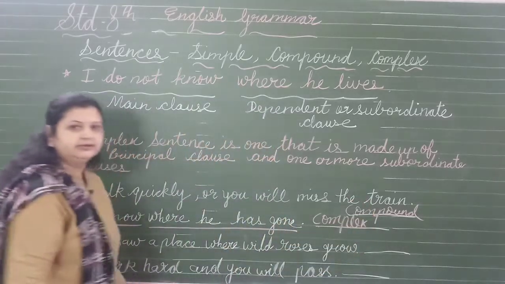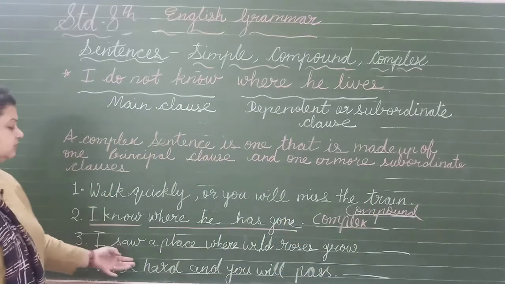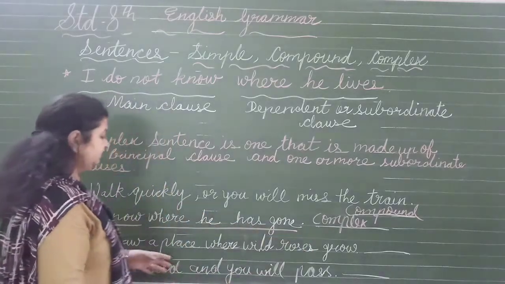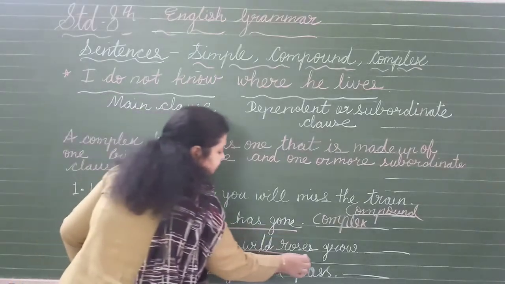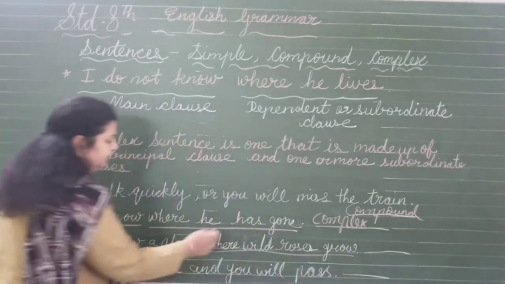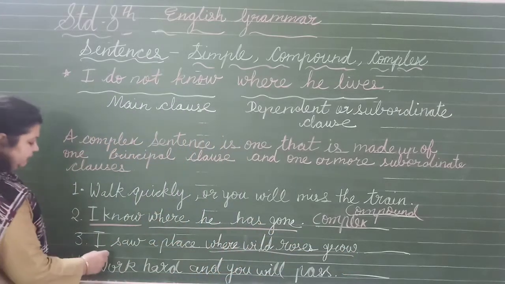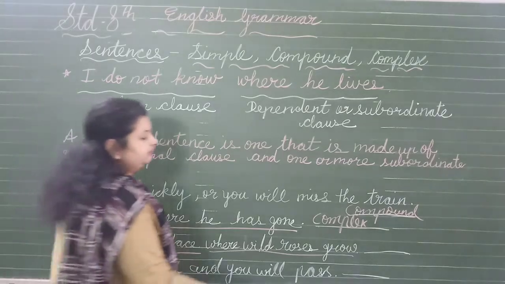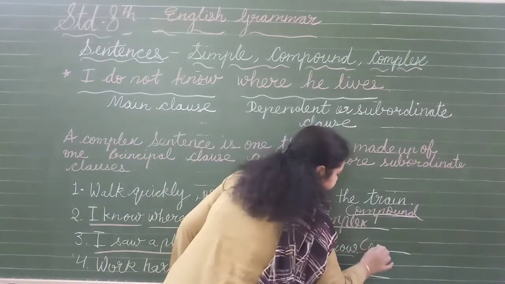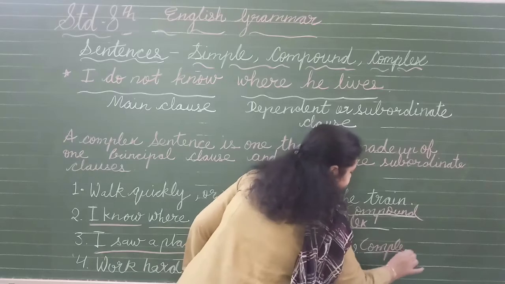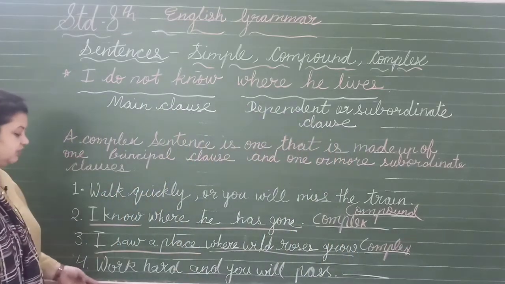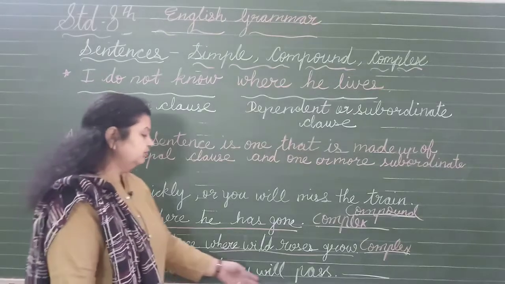Fine. Now the third one, I saw a place where wild roses grow. Here "where wild roses grow" is a subordinate clause, which depends upon "I saw a place". So here again it is a complex sentence. Now the last one is work hard and you will pass.